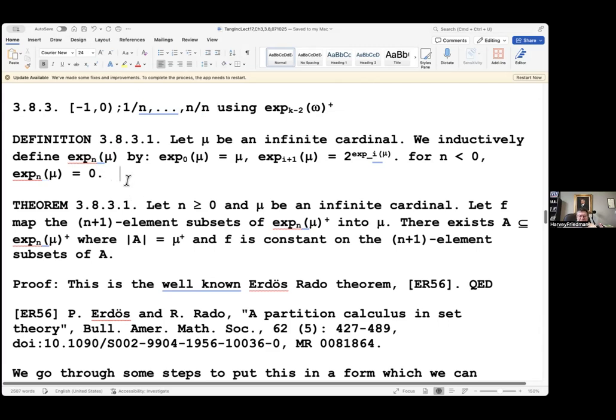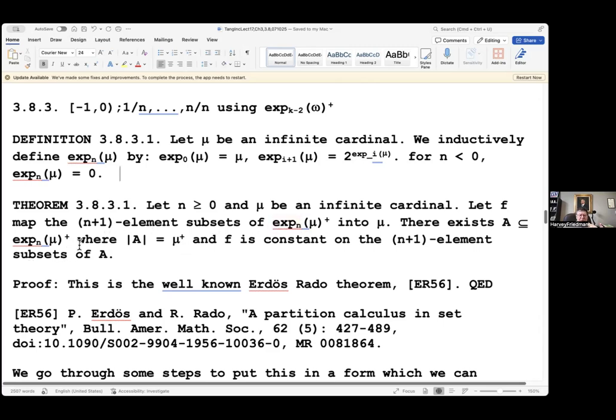The theorem is we have a coloring with mu colors of the successor cardinal of the n-th iterated exponential of mu, into mu colors, on the n plus one element subsets.